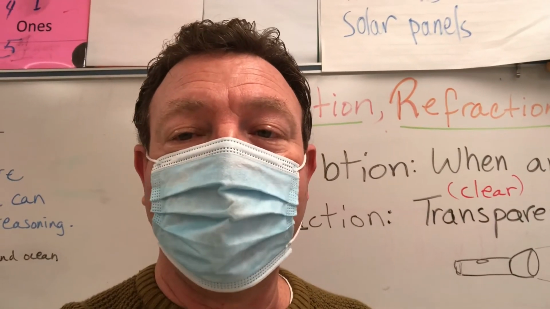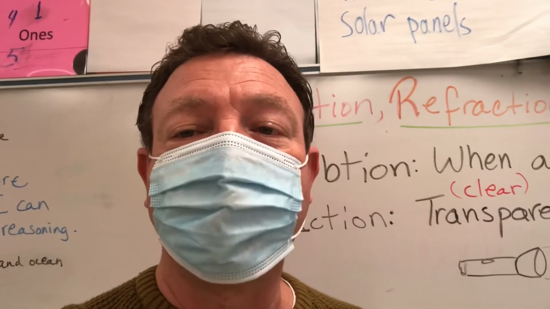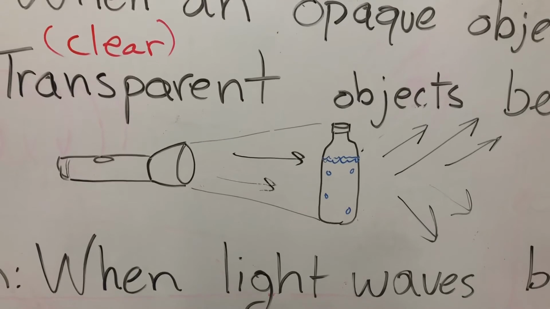So let's say that the light was traveling, light doesn't need anything to travel, but if light was traveling through the air and then it goes all of a sudden through a glass, a clear glass, or water, okay, then the light bends, the light waves bend. And that's what we call refraction, okay? And we have a couple of examples here that Mr. King drew.